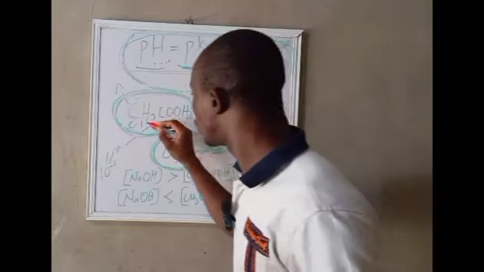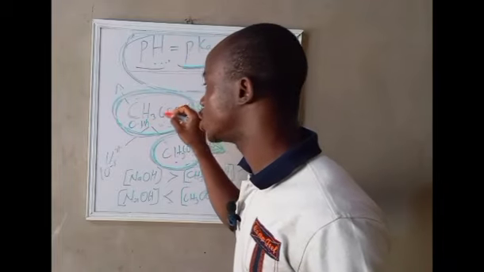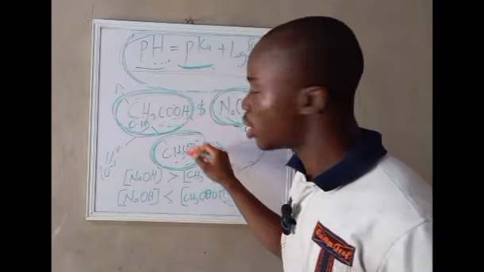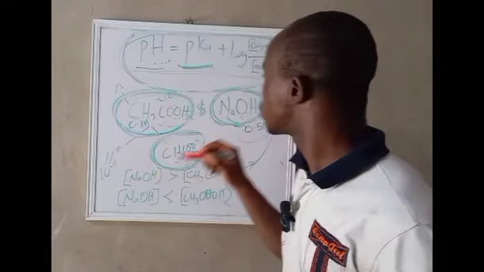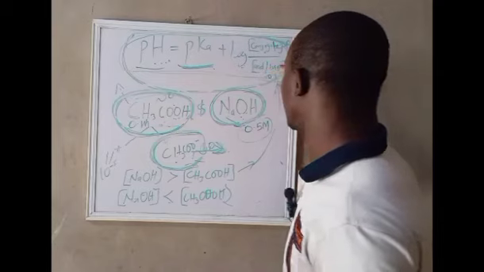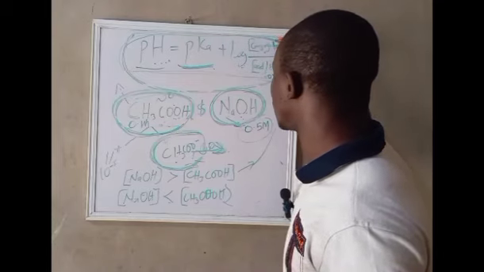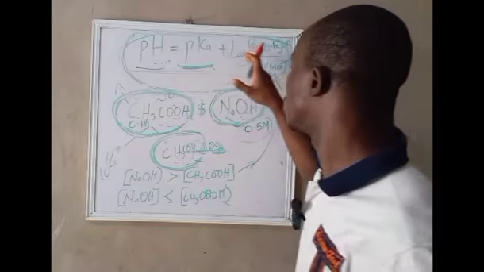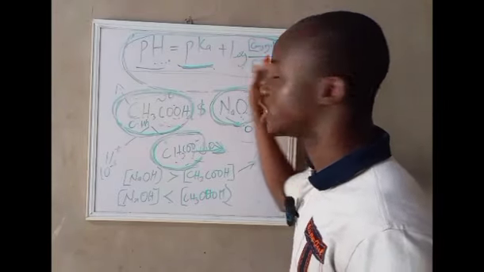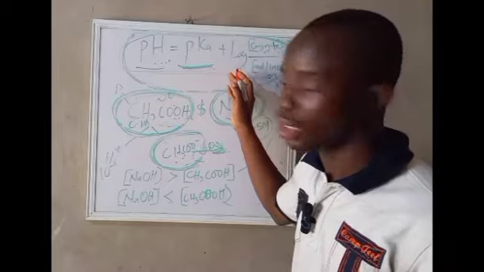All of the 0.1 molar of this acid will change to this, and the amount of this will approximately become zero. So in this particular expression now, this place becomes zero, and this one will be approximately 0.1, and any number divided by zero will give us infinity, and that means that this expression becomes undefined.